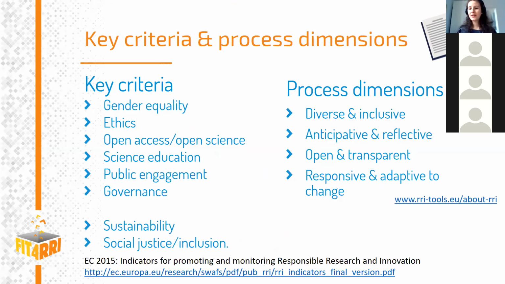So you can see here on the right-hand side that there are different process dimensions that we want to include in a responsible research and innovation process. So first of all, we want to be diverse and inclusive, which means to involve a wide range of stakeholders as early as possible to strengthen democracy and also to get different perspectives.